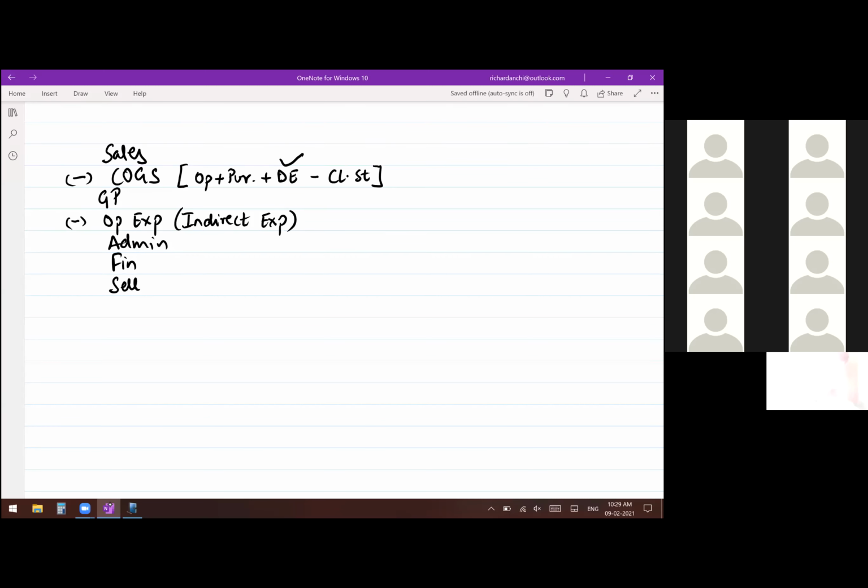Finally you get net profit. This is how you prepared the trading and profit and loss account in the vertical format known as income statement. So let's take up a question, but this time you will be drawing 4 columns because we have to do the comparative analysis. See what is the performance of the current year compared to last year.